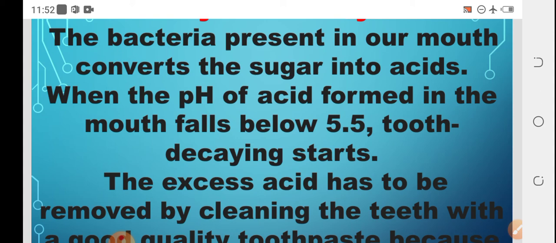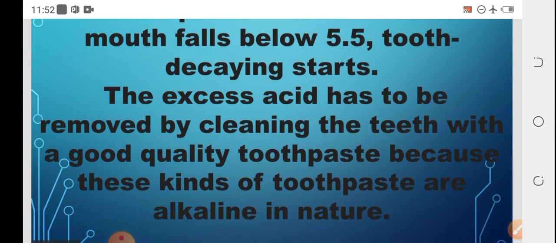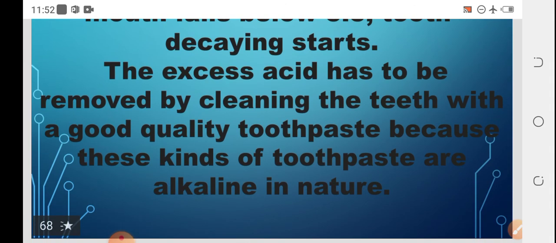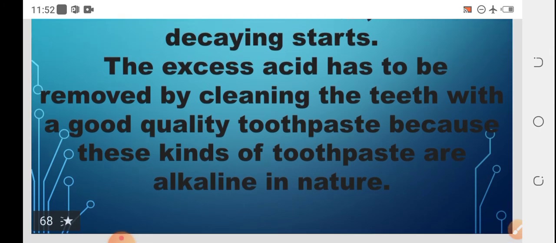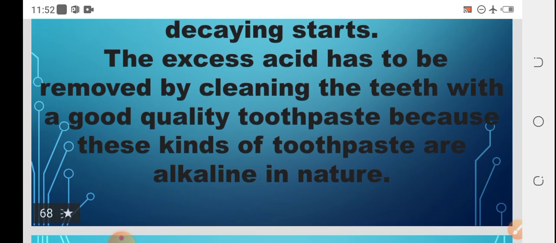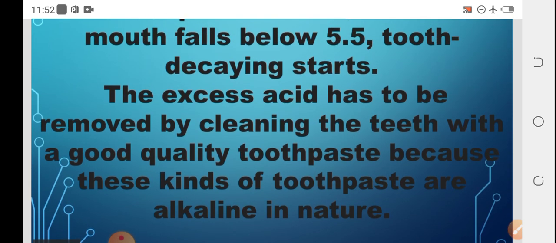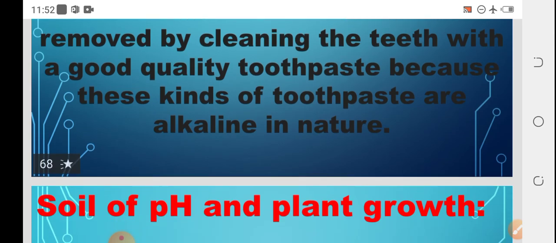The excess acid has to be removed by cleaning the teeth with a good quality toothpaste. So we need to brush with a good quality toothpaste, because toothpastes are alkaline or basic. We need to use a base type of toothpaste to protect us from tooth decay.